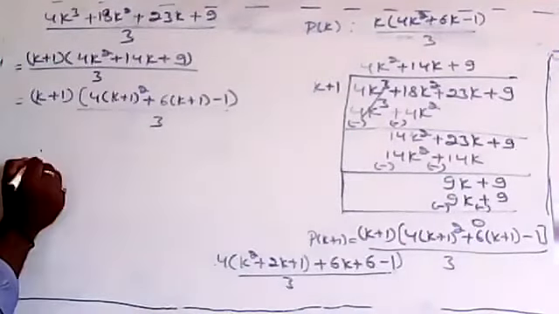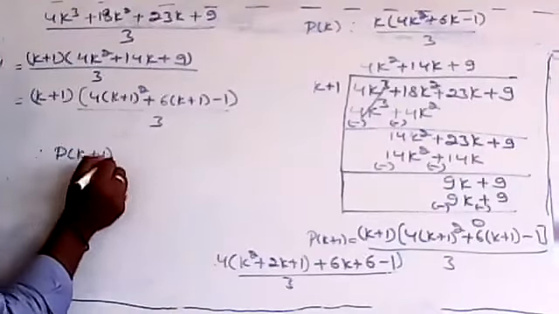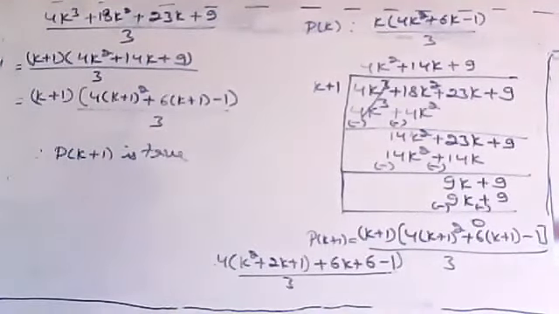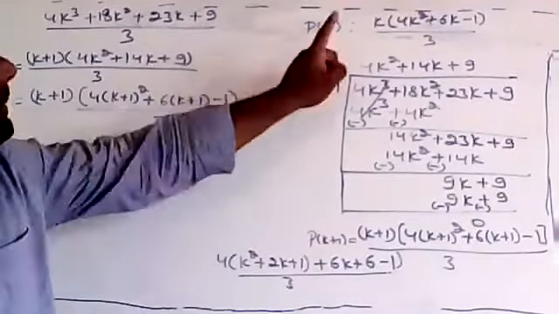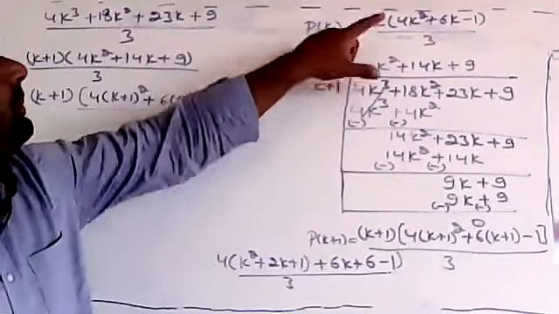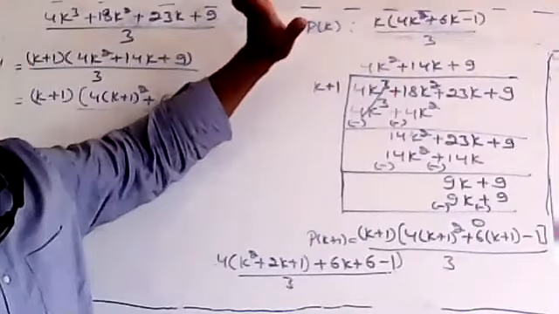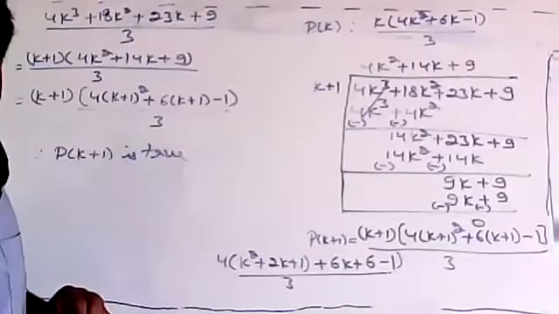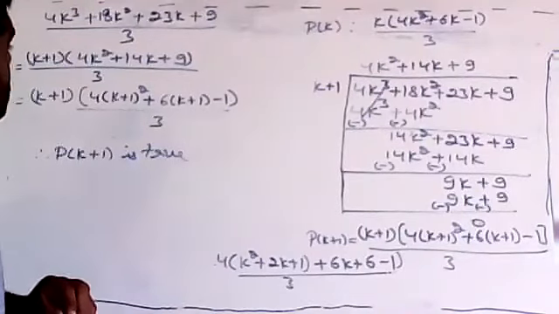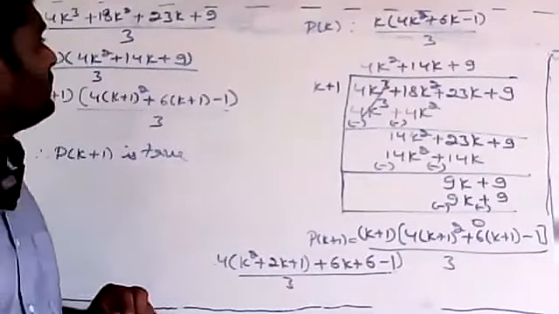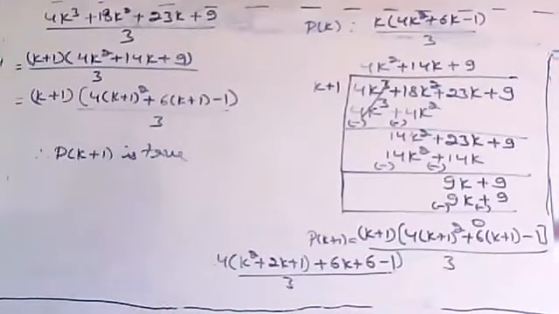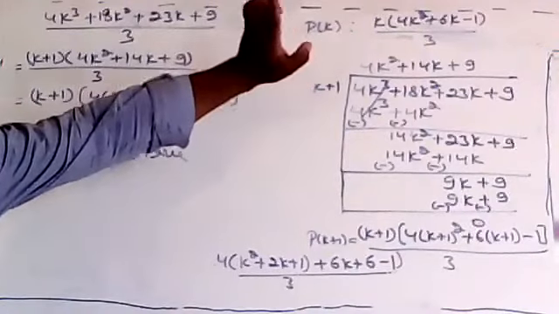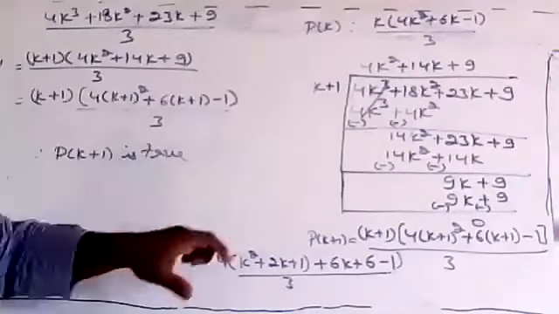So we can write, therefore P of k plus 1 is also true. Just replace k by k plus 1 in P of k. That is the answer we want. So using this method you have to solve.